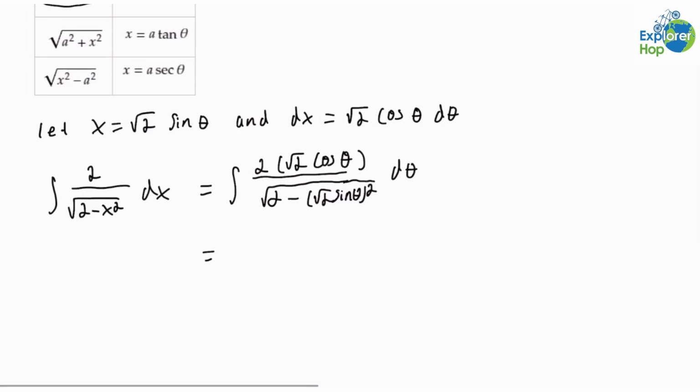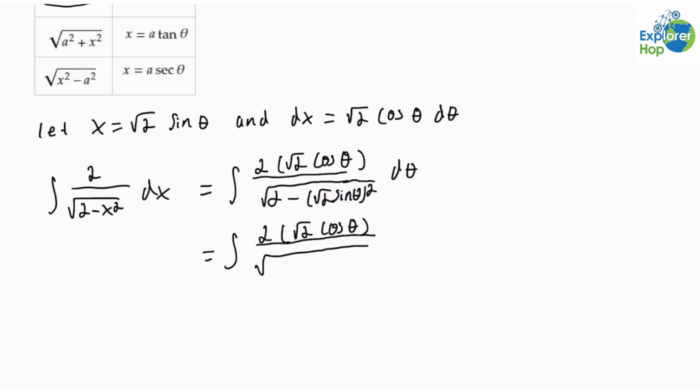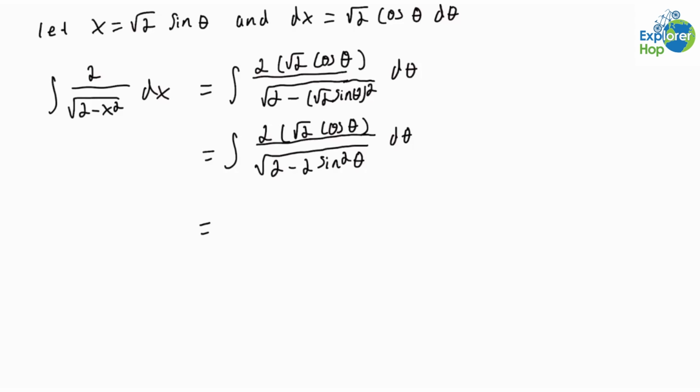And this is equal to the integral of 2 times root 2 cosine theta over the square root of 2 minus 2 sine squared theta d theta, which is equal to the integral of 2 times root 2 cosine theta over root of 2 times 1 minus sine squared theta d theta.